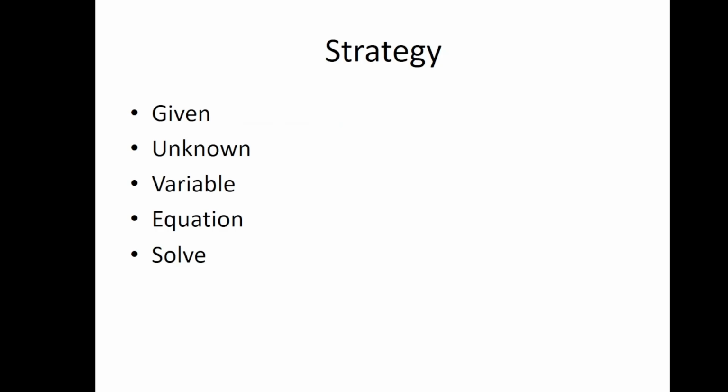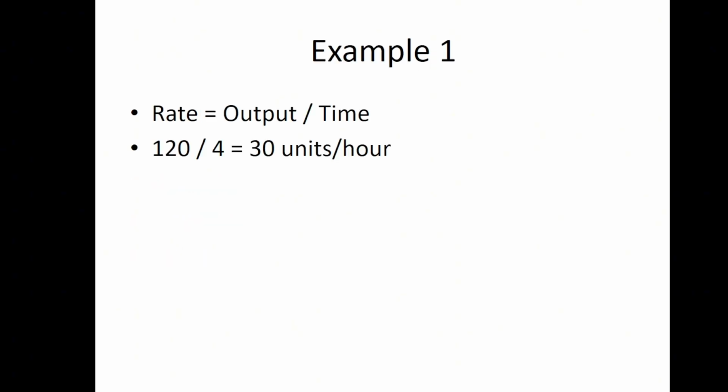The strategy that we will follow is: first, check the given and identify what is unknown; then assign the variables, create an equation, and solve it. Follow this thinking process every time we solve an algebraic problem. So let's try to solve this one.